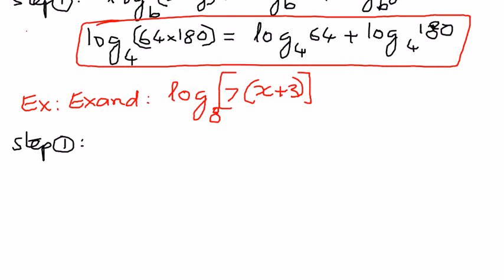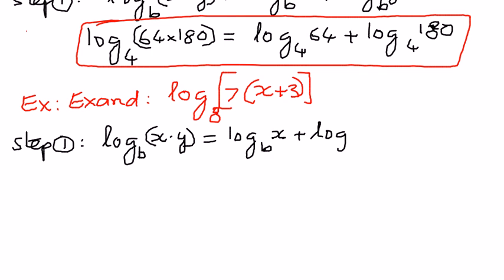We're going to use the product rule here, and the product rule is telling us that if we have log x times y, and that is to the base b, we can expand it out as log x to the base b plus log y to the base b.